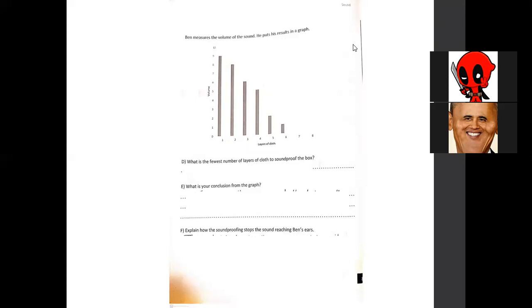So in the graph, you have in the x-axis the number of the layers of cloth, and in the y-axis the volume. So how many layers did he have to add to the shoebox to not be able to hear anything?